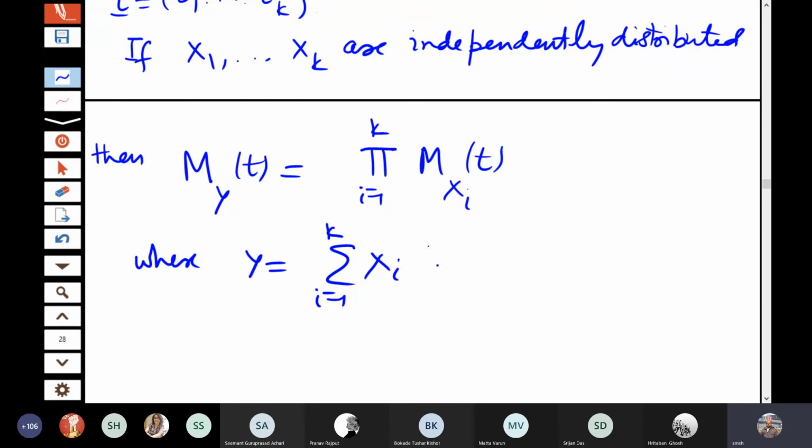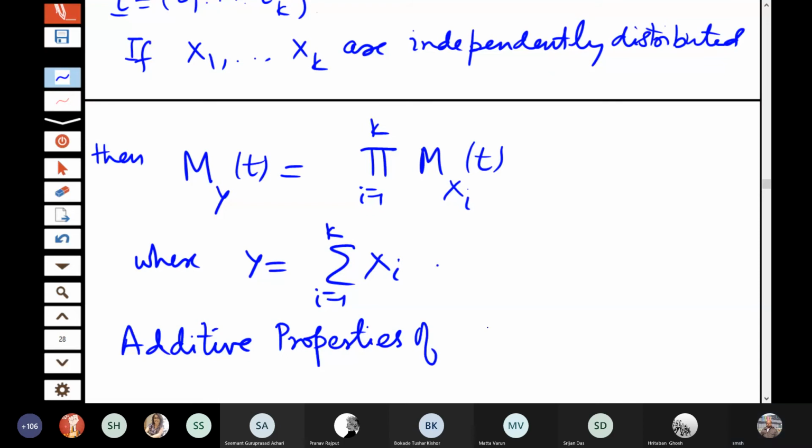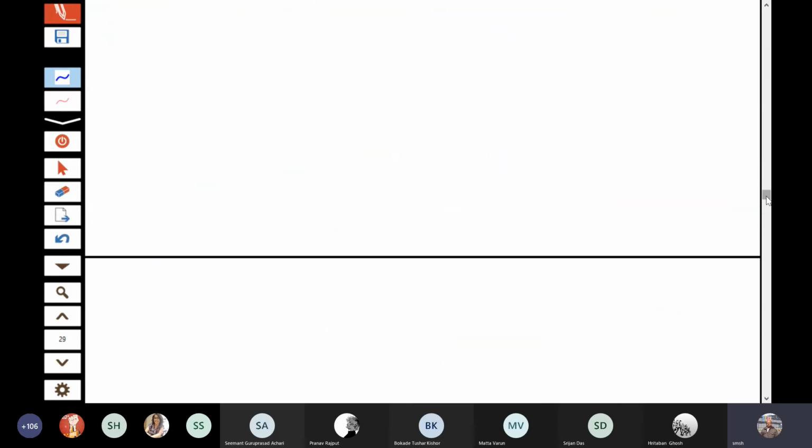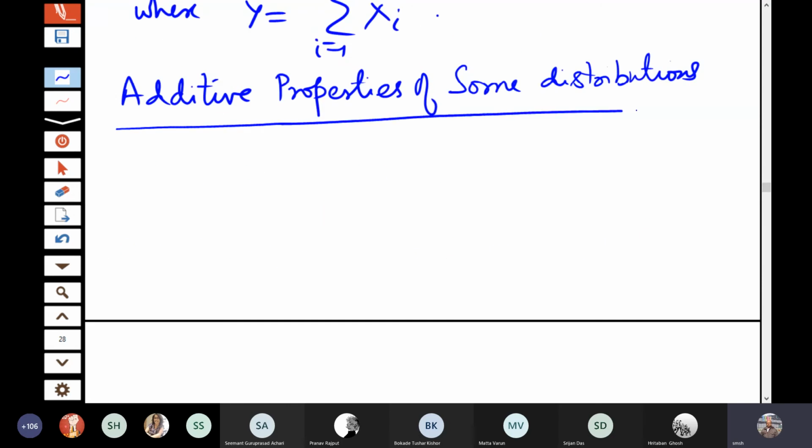So let us consider, say, x1, x2, xk to be independent and identically distributed.